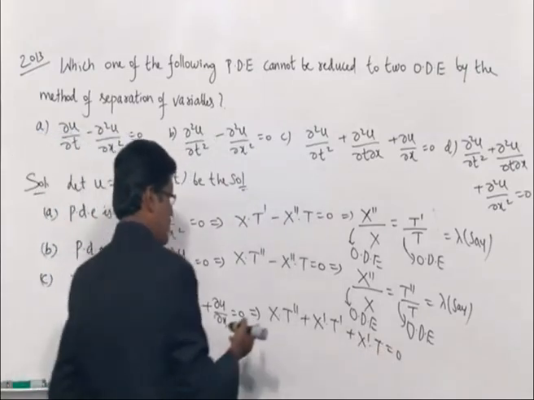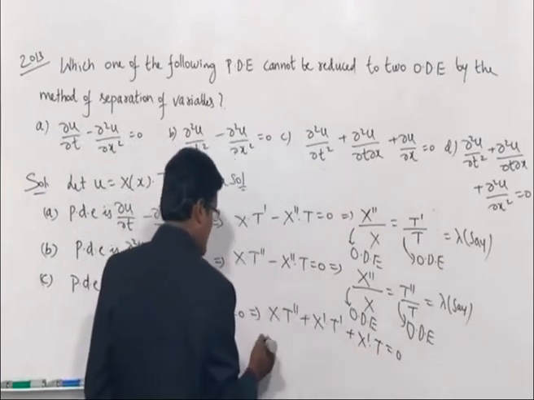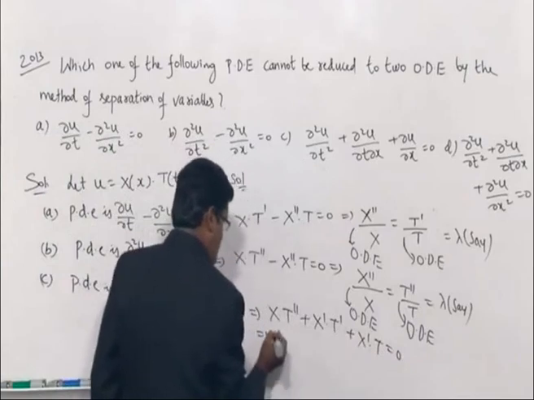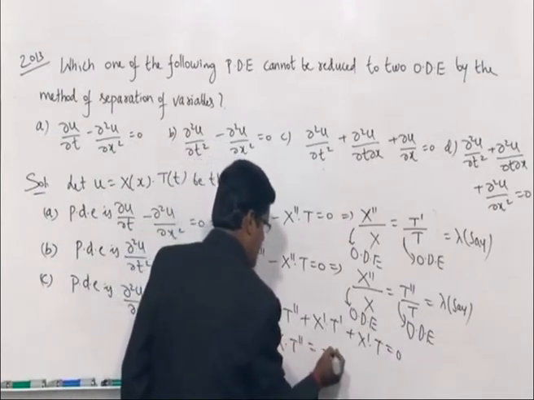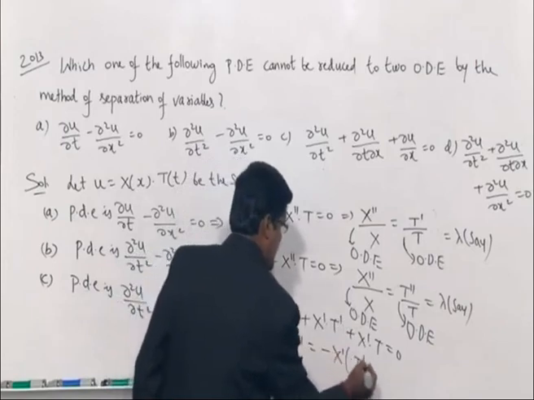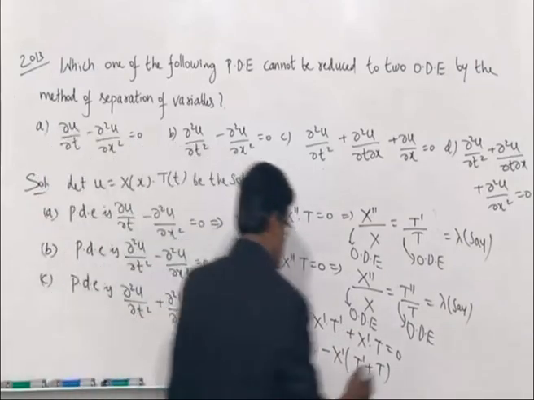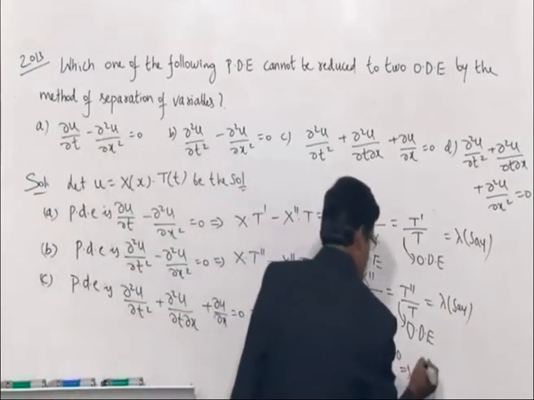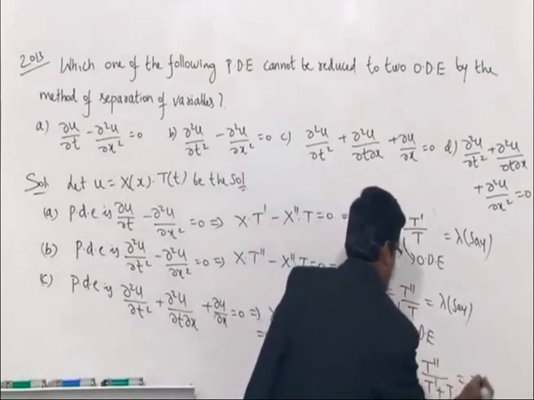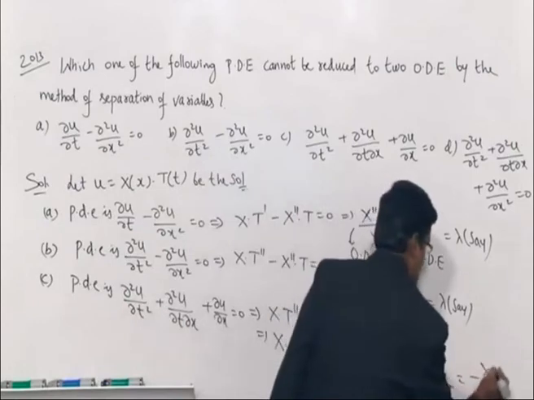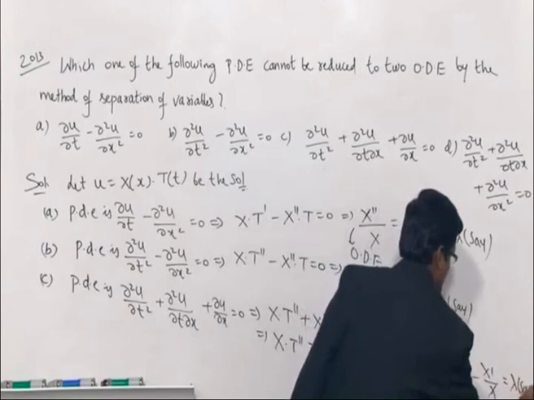Now let us see, is this reducible to one ODE, two ODEs, or no ODE? Here I can take x dash common, x into t double dash, sending the other two terms, and then after taking x dash, this becomes t dash plus t. Now it is easy to separate the variables x and t. So this simplifies to t double dash by t dash plus t is equal to minus x dash by x is equal to lambda, say.